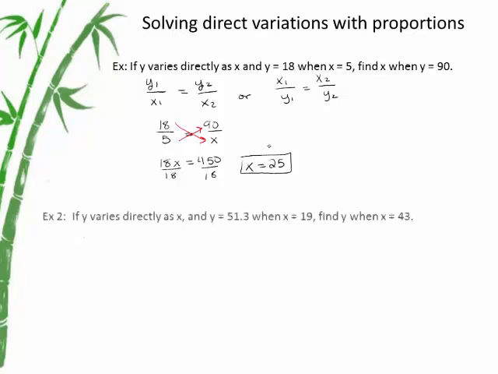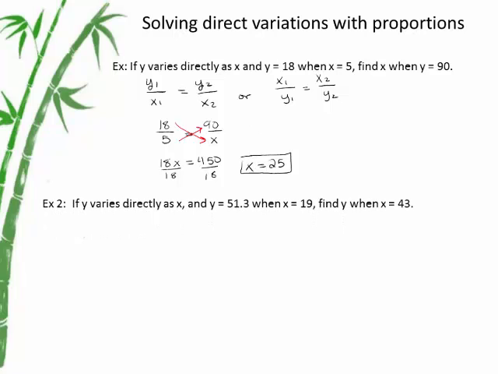So let's try one more example. I have y is equal to 51.3 when x is 19, and I want to find y when x is 43. This time I'll put the x's on top. So I have 19 over 51.3 is equal to 43 over y.